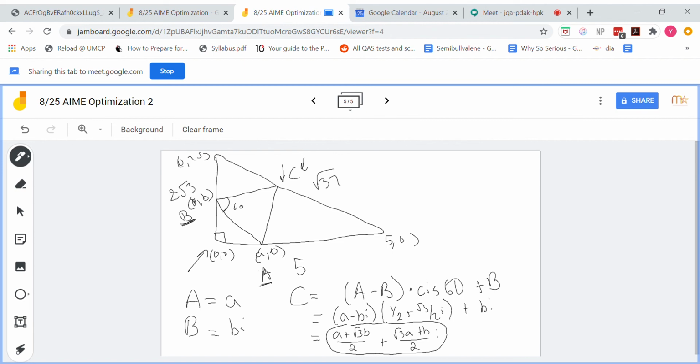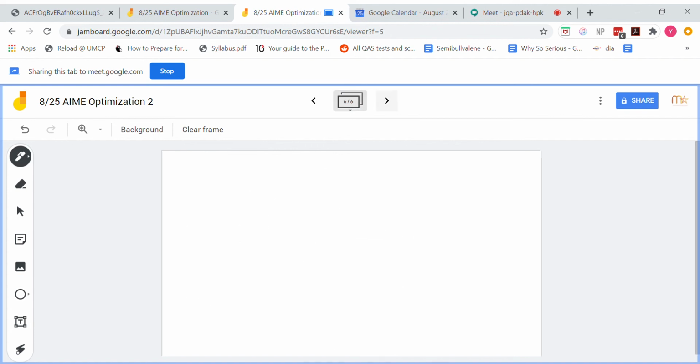But that applies in general for every equilateral triangle, right? But what we want is an equilateral triangle that's inscribed in this right triangle, which means that this point, we want it to lie on this line, right? And it's pretty easy to get the point to lie on that line. That line is defined by y equals negative 2 root 3 over 5 x plus 2 root 3.